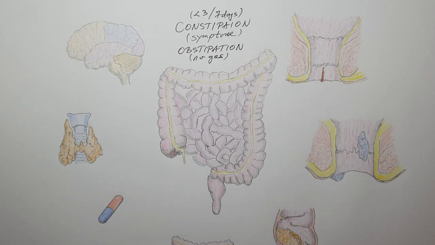There can be people that have 5 to 6 stools, but they are hard stools. They feel incomplete evacuation after the toilet. They have abdominal bloating. They have difficulty expelling the stool. They feel a fullness in their tummy.